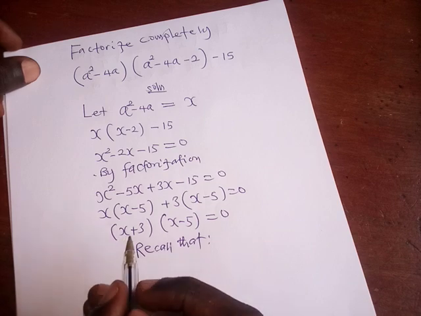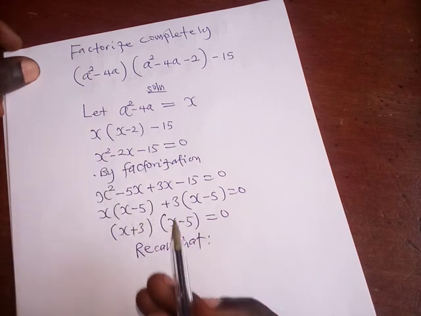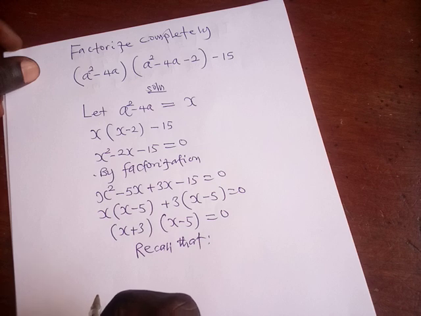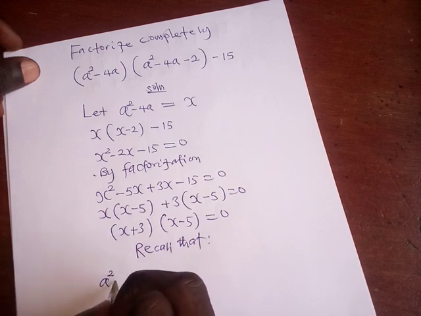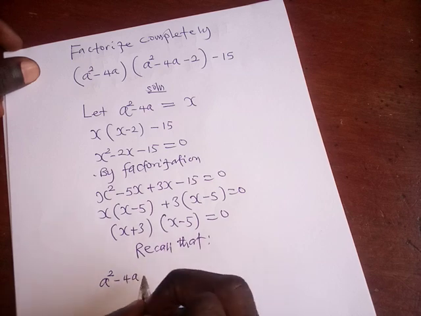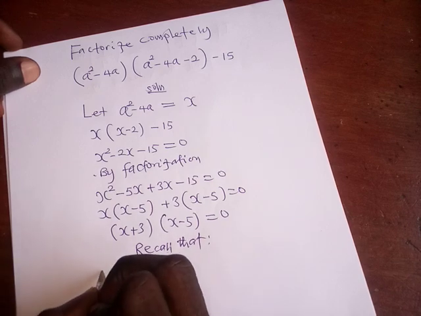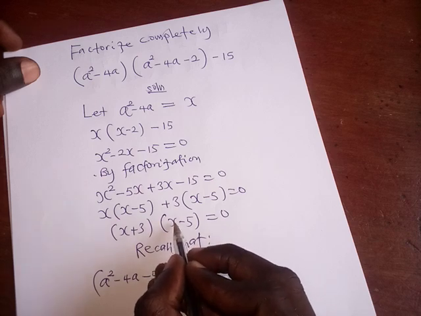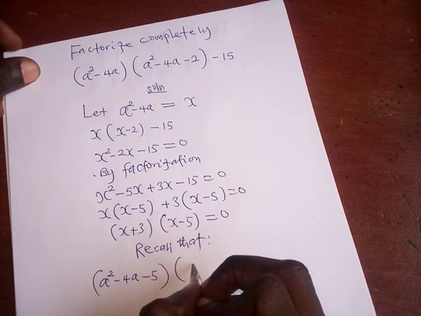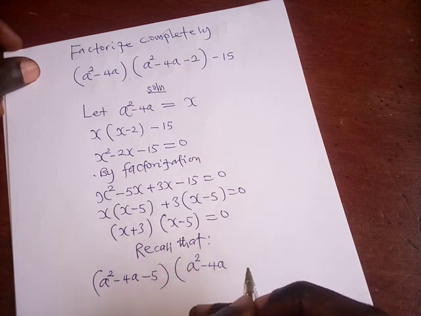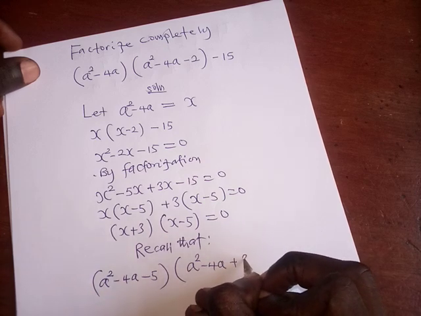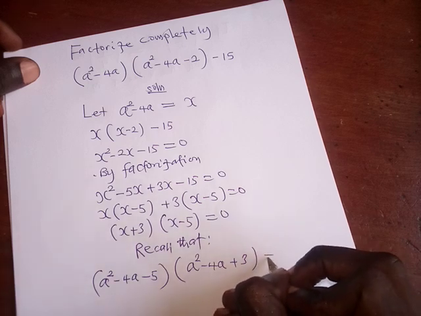Remember we have x already as a² − 4a. Therefore, we say (a² − 4a − 5), and for the next one, this x already being a² − 4a, then we say plus 3, then everything equals 0.